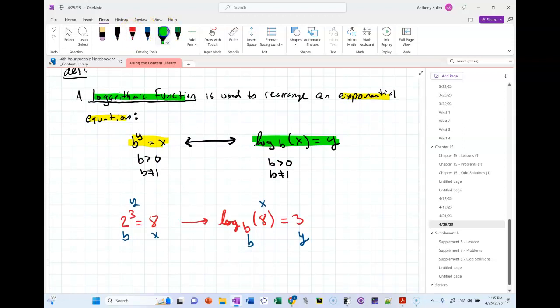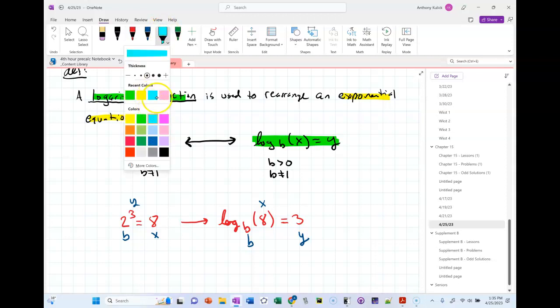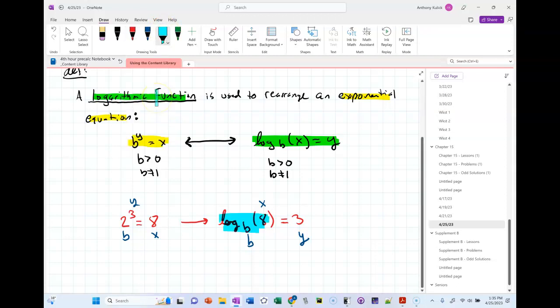So if I look at this, what this is really answering is it tells me what power, oh my goodness, I shouldn't have put a b there, I meant to put a 2.